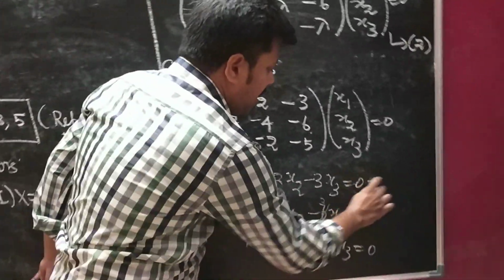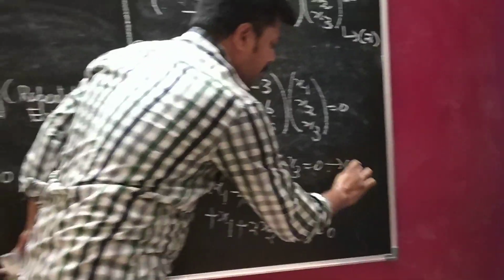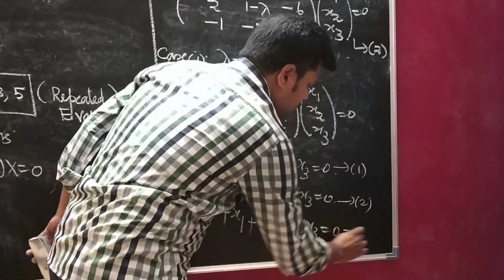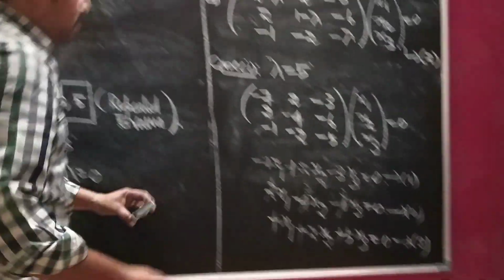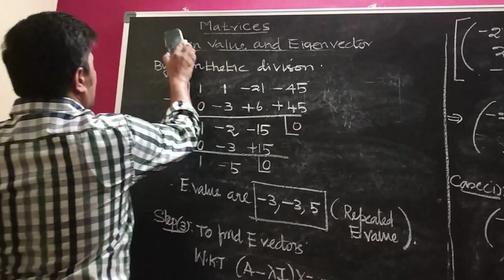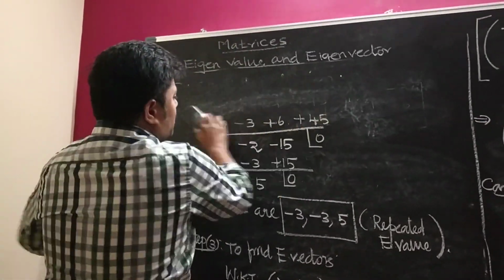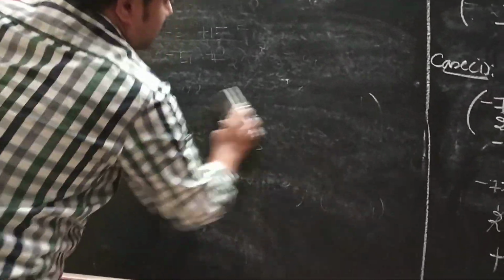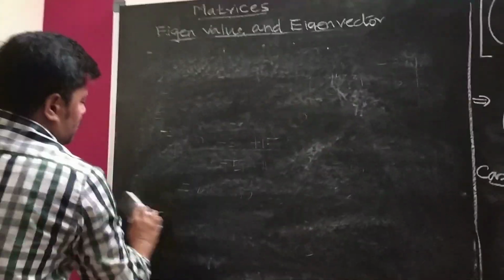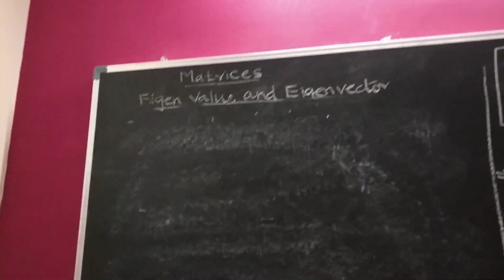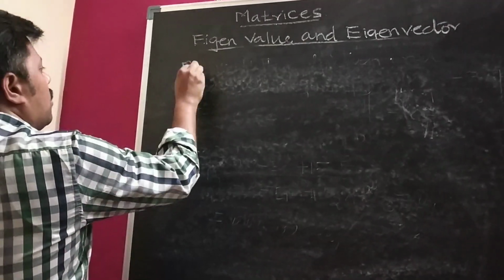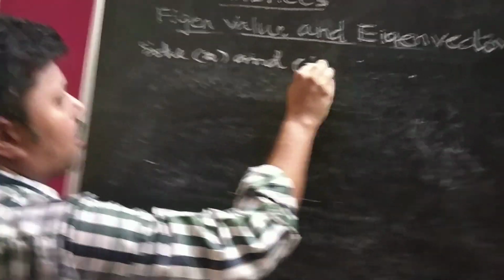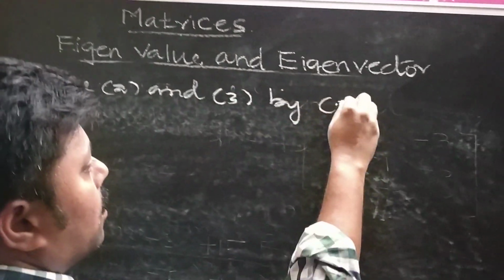So consider equations 2 and 3 and solve by cross multiplication rule.